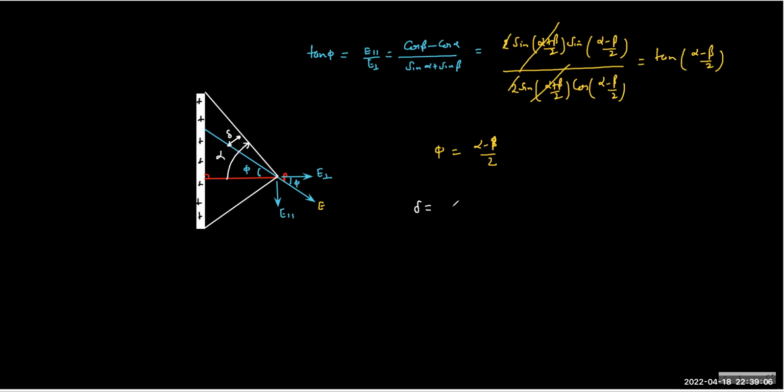So delta is basically alpha minus phi, and this will become alpha plus beta by 2. So you can see delta is exactly alpha plus beta by 2, the angle bisector. Although the diagram is not drawn to scale, that's true. So now we have proved mathematically that the resultant always bisects the angle subtended by the rod at the point P. That's the whole idea.